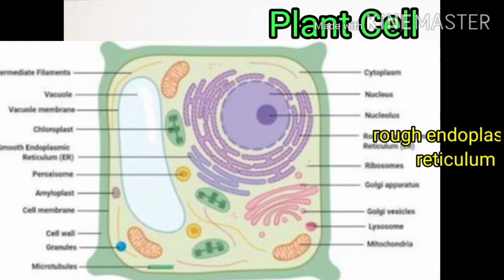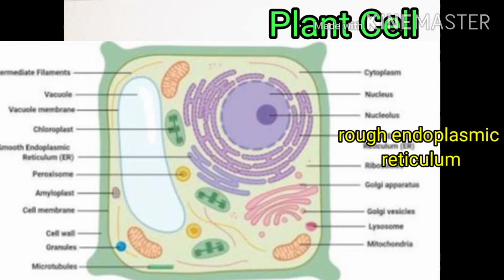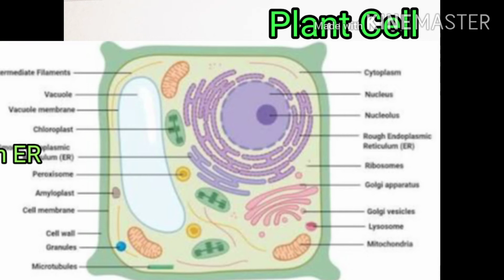Rough endoplasmic reticulum is the site of protein synthesis, storage and preparation for secretion. The endoplasmic reticulum also plays a part in the compartmentalization of the cell. The smooth endoplasmic reticulum is the site of lipid synthesis and secretion.